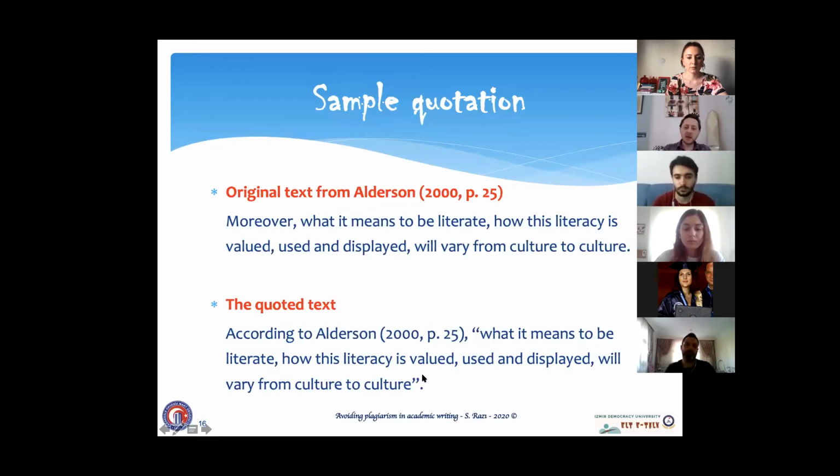As you see, in double quotation marks, I directly copied the original expression and then pasted it here. Am I safe? Yes. Once I add the reference entry, I mean the other details about the Alderson source, I am safe. I can do this in academic papers.